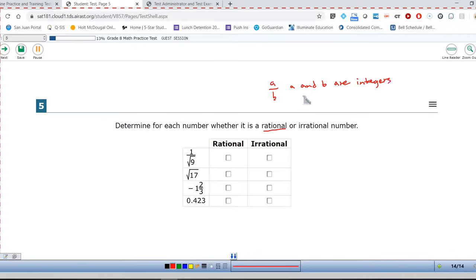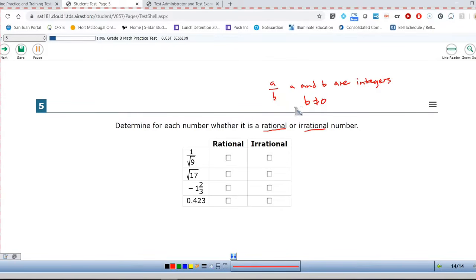And of course, b cannot equal 0 because you can't divide by 0. So basically, if you can write it as a fraction, where each of these is an integer value, and this one's not 0, it's rational, okay?